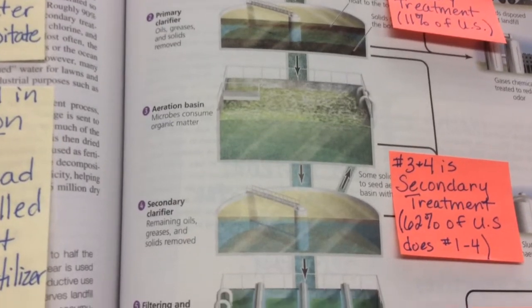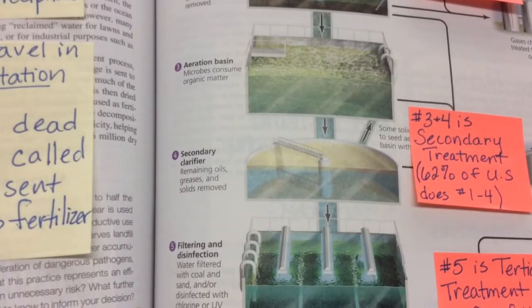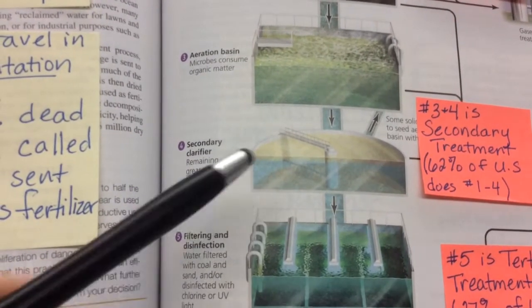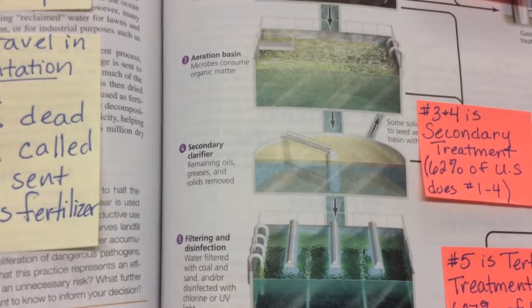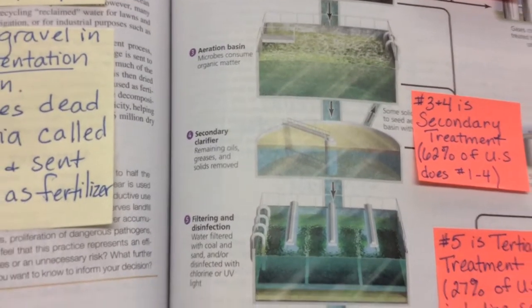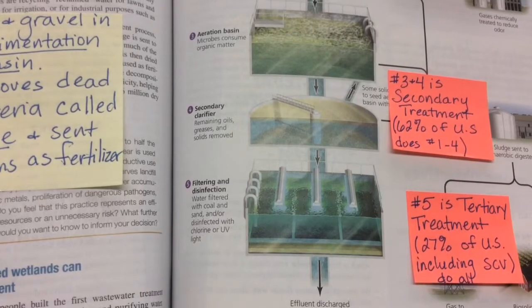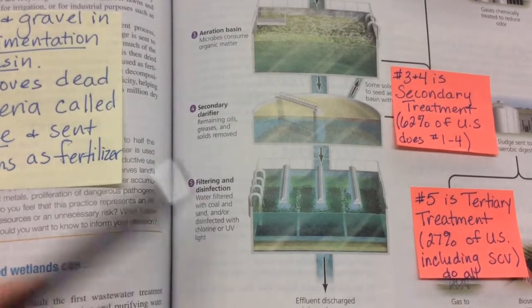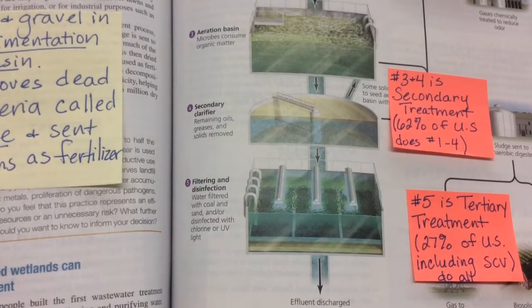The next thing that happens, sometimes we have a secondary clarifier to again remove more oils, grease, and solids. And then we have here, number 5, a filtering and disinfection basin.